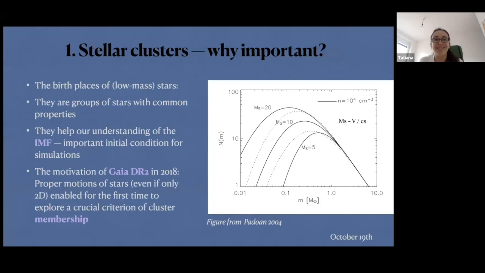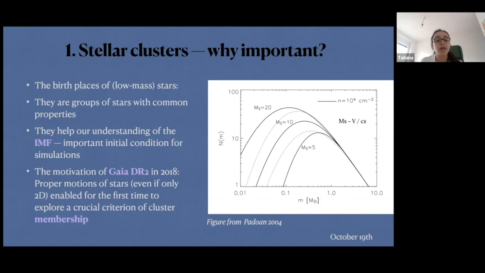All right, great, thanks. As I was saying, for stellar clusters, the initial mass function is an important initial condition for simulations. Here I thought I would show just an example of how this initial mass function changes, from Padoan simulations in 2004, according to a different Mach number, which is basically a measure of how important the pressure forces are in a molecular cloud.